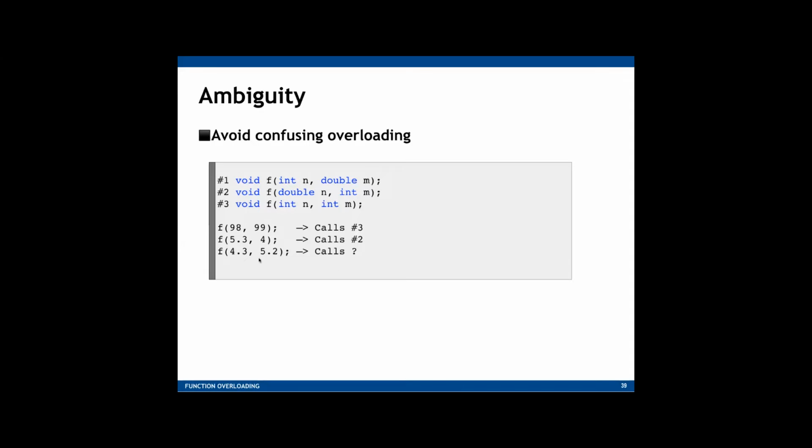But if the compiler tries to convert the second argument to int type, then this one is double and this one is int, so the second function can be selected, because the second function receives double and int.